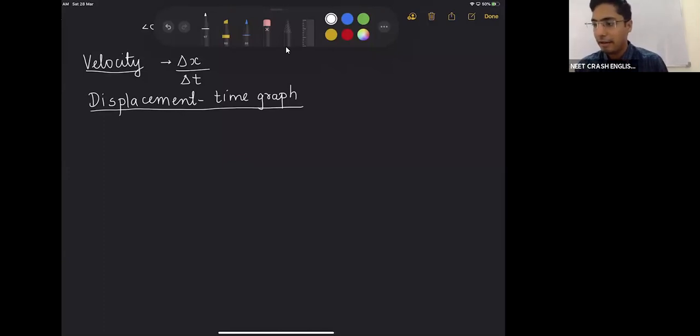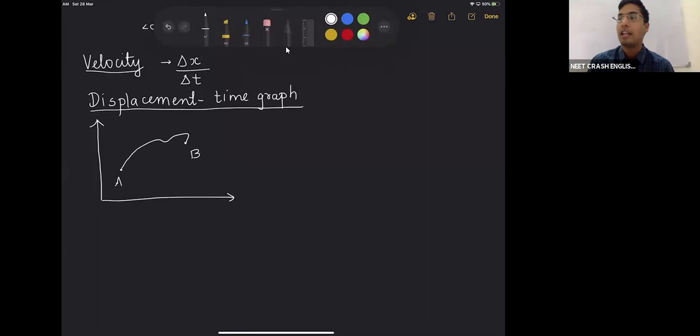So let me take this graph. Let's say something moves from point A to point B. This is the initial position, this is the final position, and it takes this path and comes here. Displacement is nothing but this length.